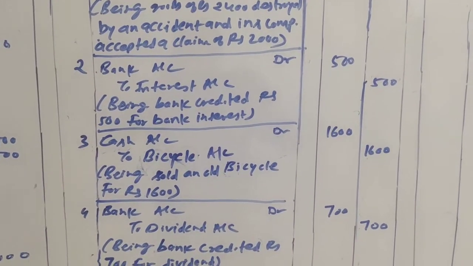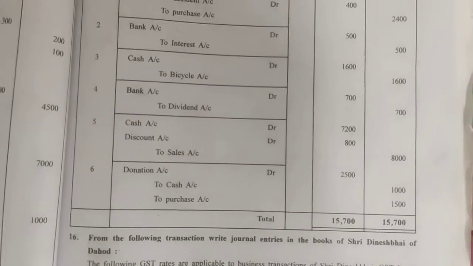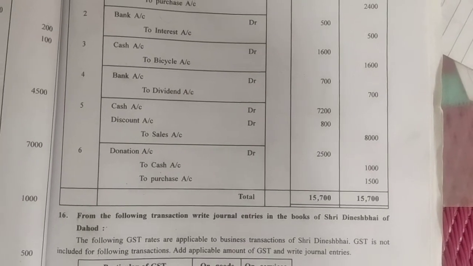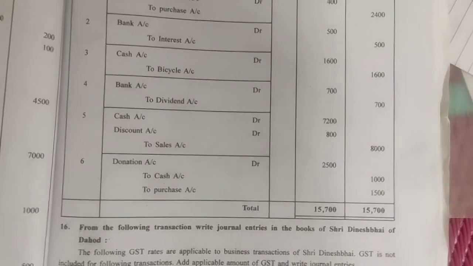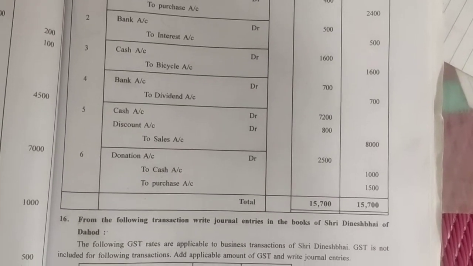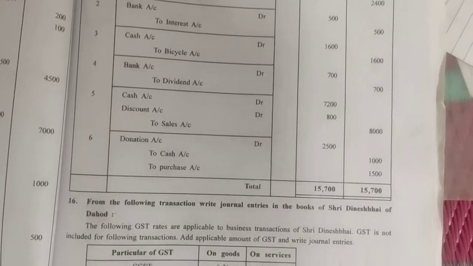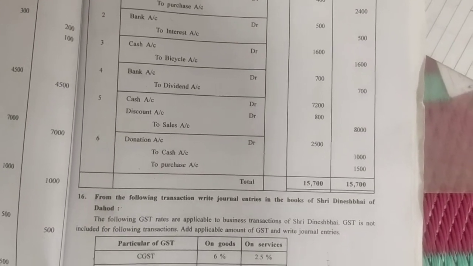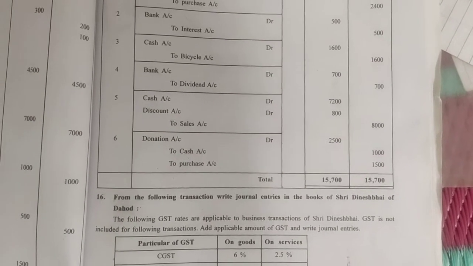Next transaction. Bank account debit to dividend account. Here also our bank balance has increased. For what? For dividend. Some company must have given us a check which we deposited in the bank, and our bank balance increased. The check was for dividend. Or it might be possible that the company has directly credited dividend in our bank account.